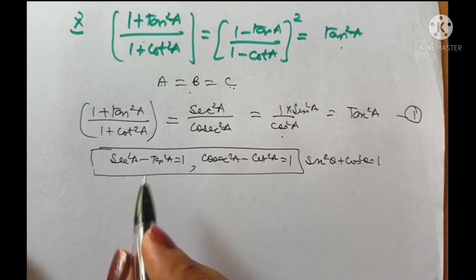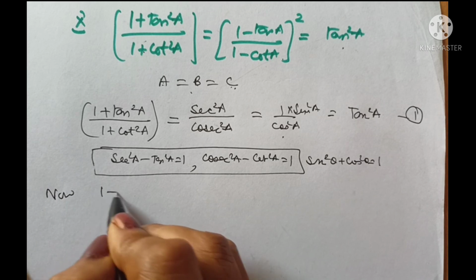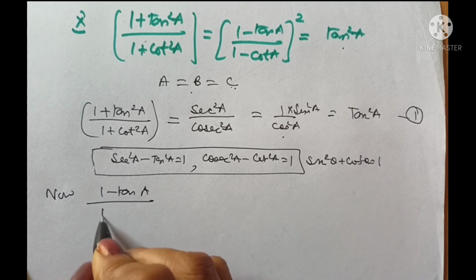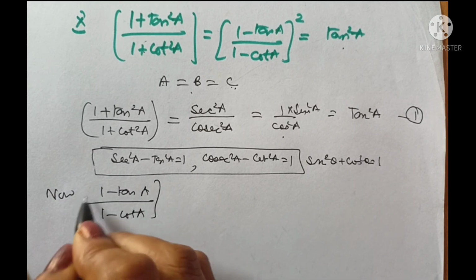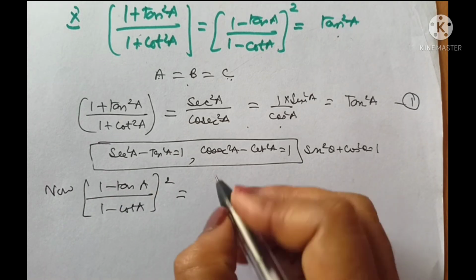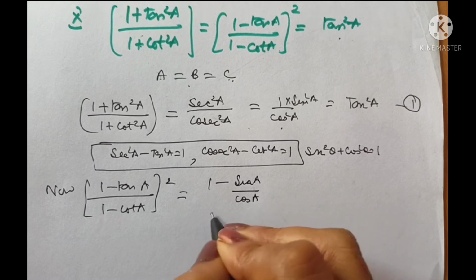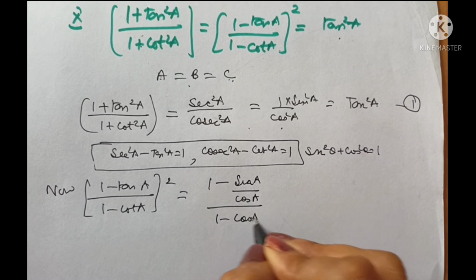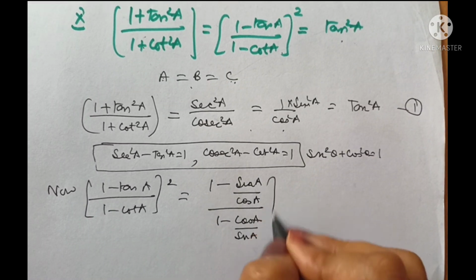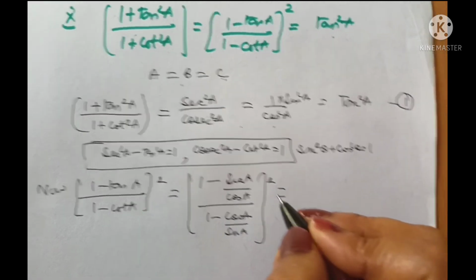Now consider B. Now consider 1 minus tangent A upon 1 minus cot A whole square. So this gives you 1 minus sine A upon cos A divided by 1 minus cos A upon sine A and a whole square.